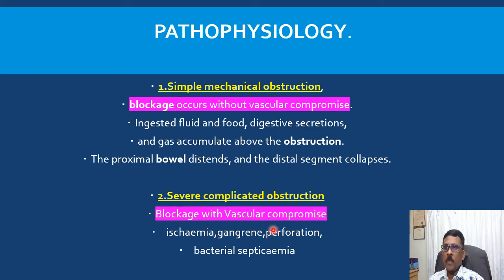In these patients, the massive distension of the proximal segment due to the accumulation of fluid, gas, and food causes massive dilatation of the segment, causing ischemia of the wall. This ischemia may progress to gangrene and perforation, and can also lead to bacterial septicemia.